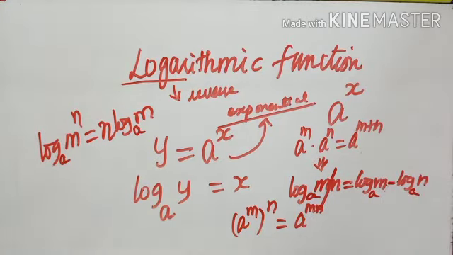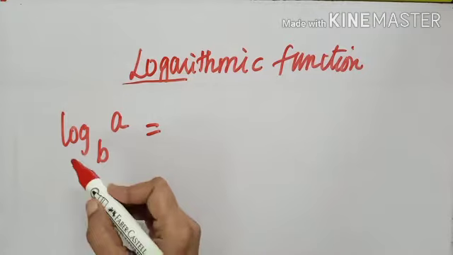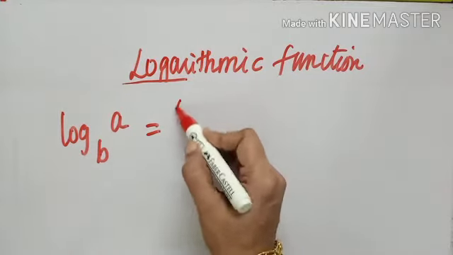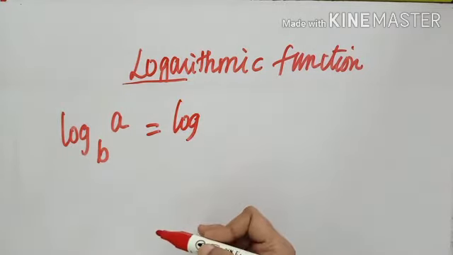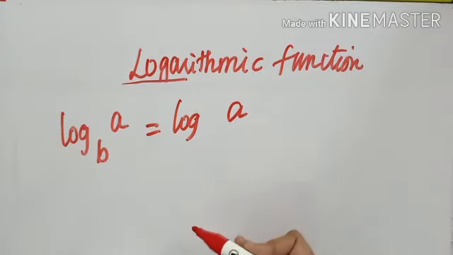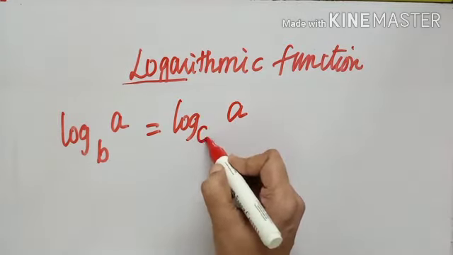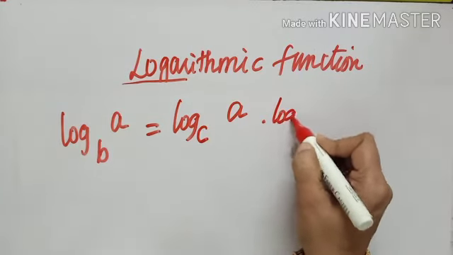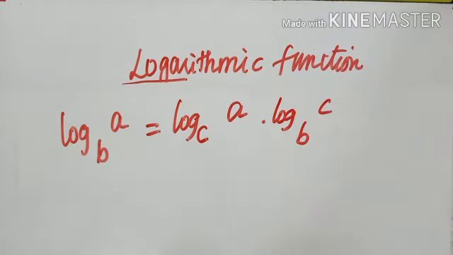Can we change the base? Yes, there is a change of base rule. I have log a base b. How shall I change the base? I have log a, there is no change in that. Change the base into log c base b.